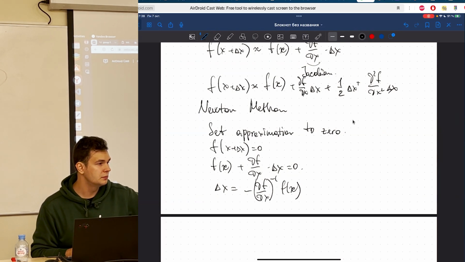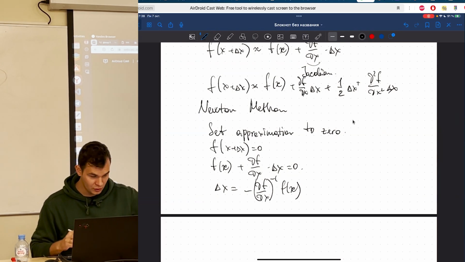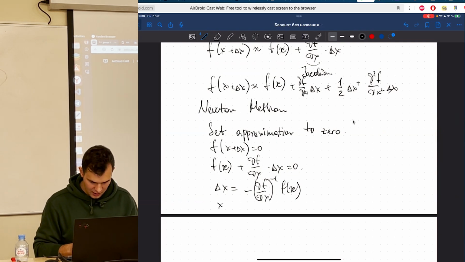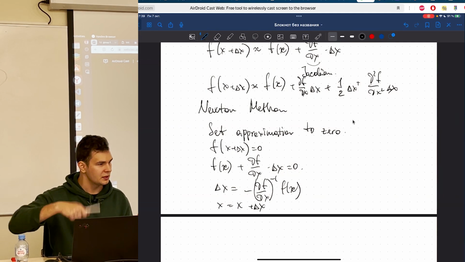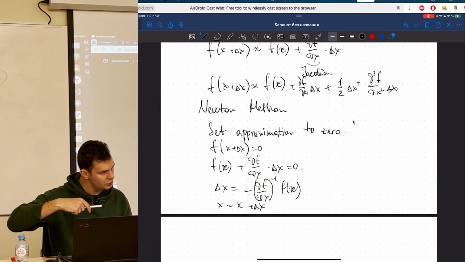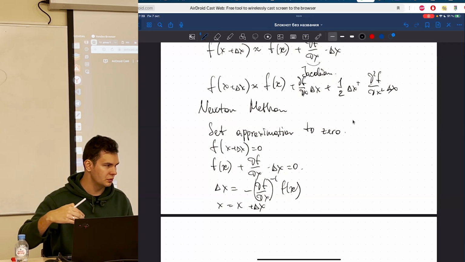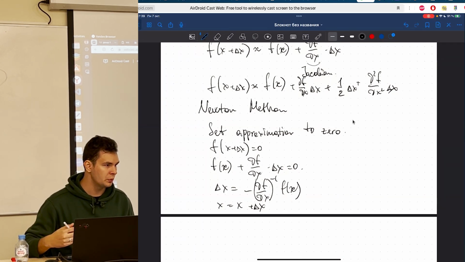Do you agree? So you compute delta x, and then x equals the previous x plus delta x, and you repeat it until convergence. So you do iteration, and you need a few iterations to find out what the x will be.